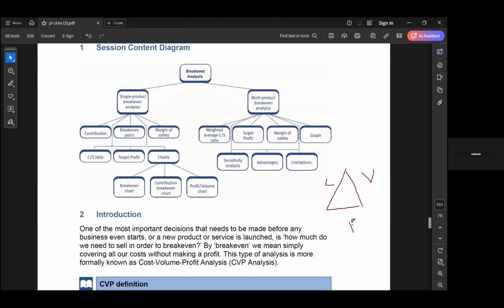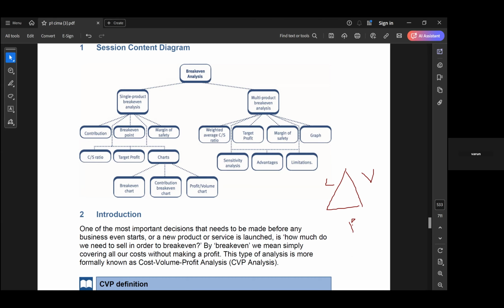After the variable cost is done, you still have the fixed cost to be taken care of, and that will only come through absorption, through volume, like you did in absorption costing. You need to have sufficient volume, only then it will cover the fixed cost, right? Yes, ma'am. So this is also called a CVP analysis.